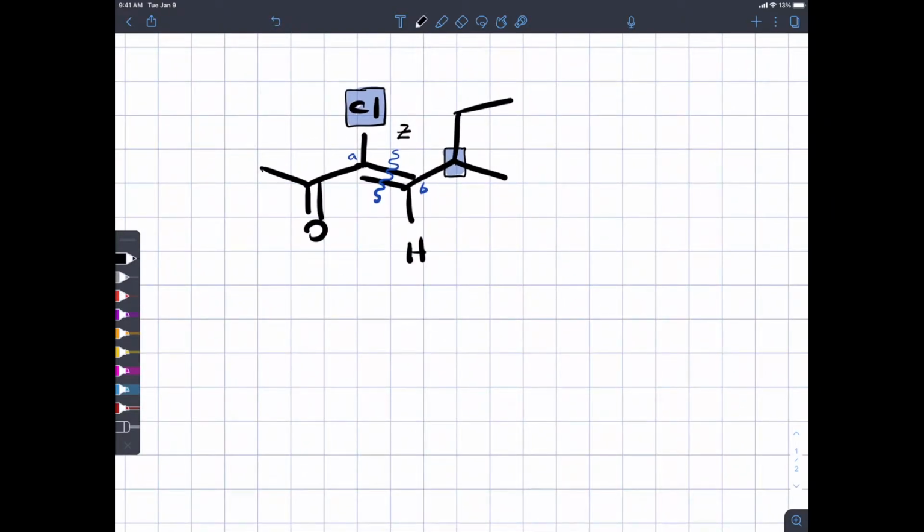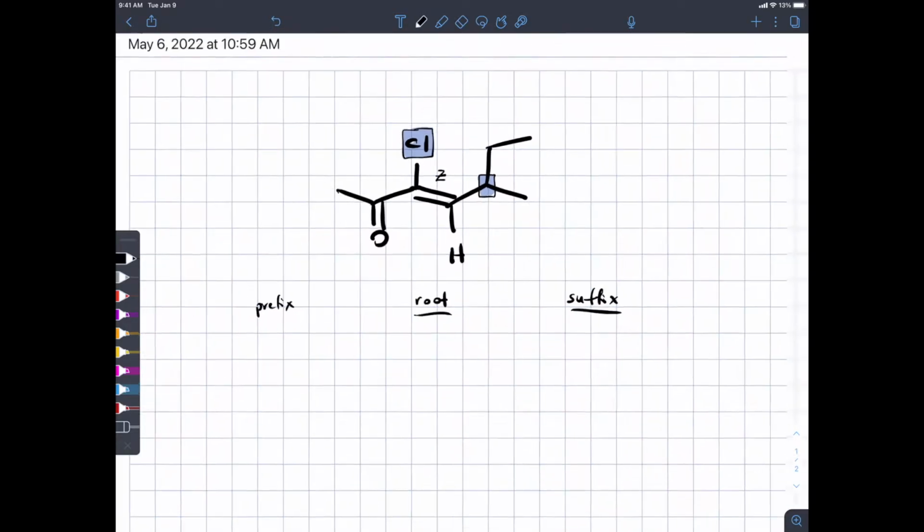Okay. So now let's start trying to put it together with the name of the overall molecule. We know that there's going to be a Z in there. Looking at this molecule, we have to decide now. We need to know what our root is, we need to know what the suffix is, and we need to know what the prefix is, if any.